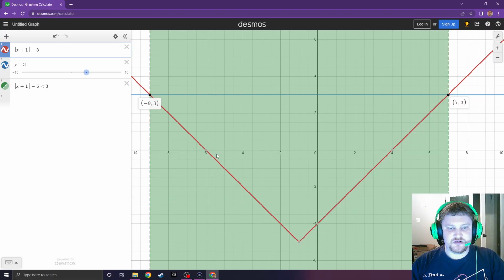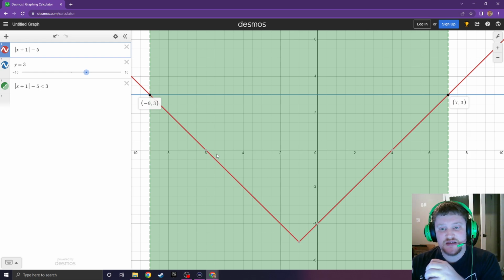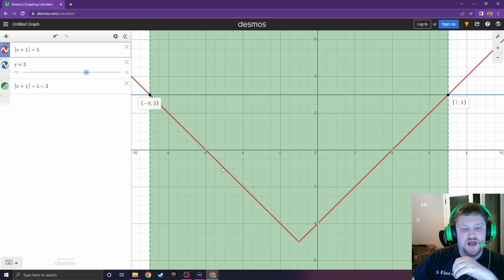Looking at our graph, since we have less than, the equation is less than the line, so we're looking for where the line, in this case the red equation, is lower than the solid line that we graphed. In this case, that happens between these two points.